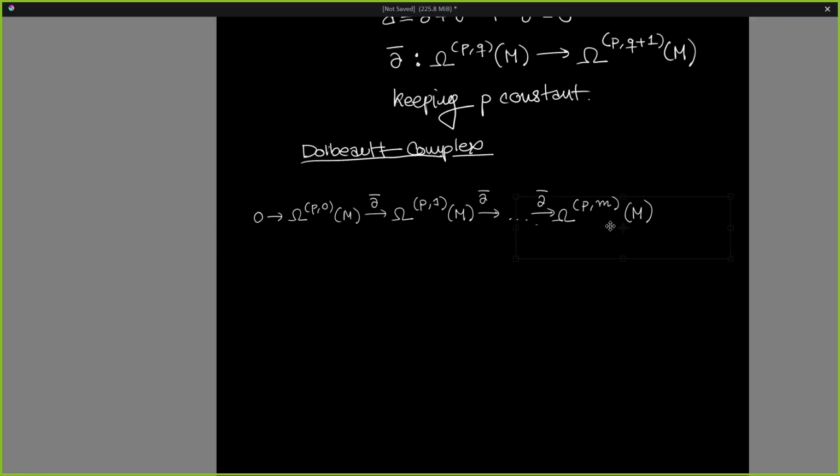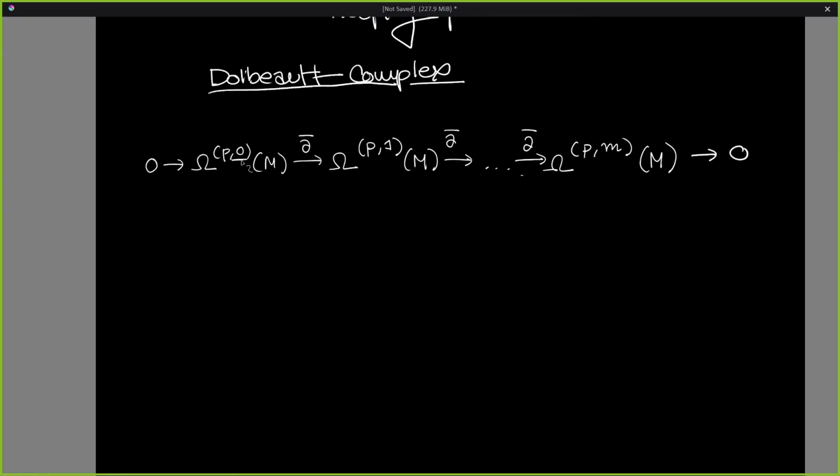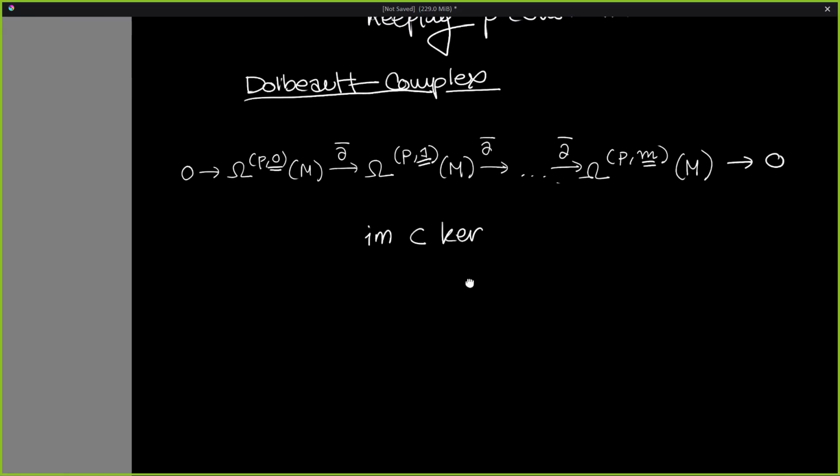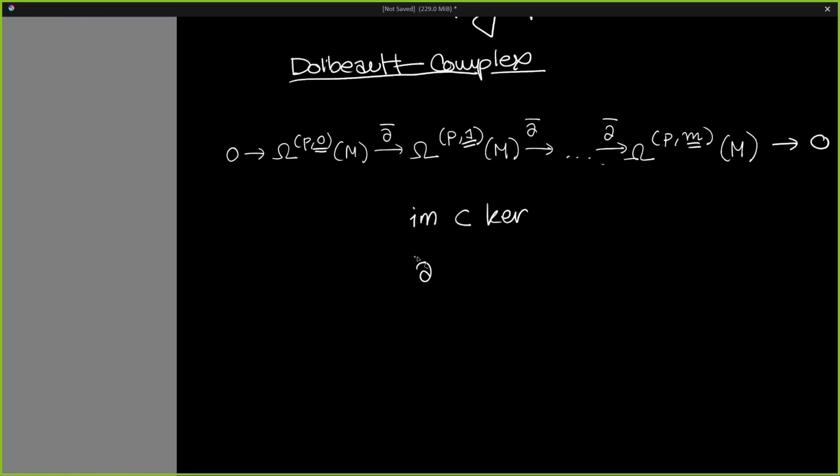Same idea. Notice that it's only q that's changing, so it's pretty much the same kind of chain. The consistency of this, the fact that the images are subsets of the kernels, is ensured by the fact that partial bar squared is equal to 0. Same idea, same everything.